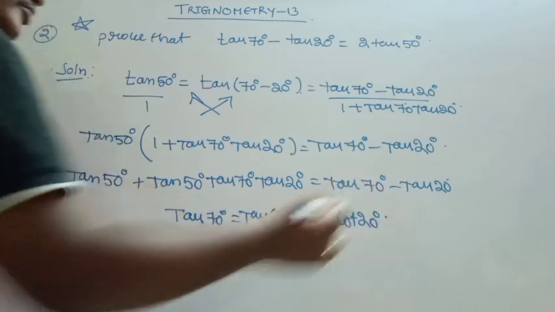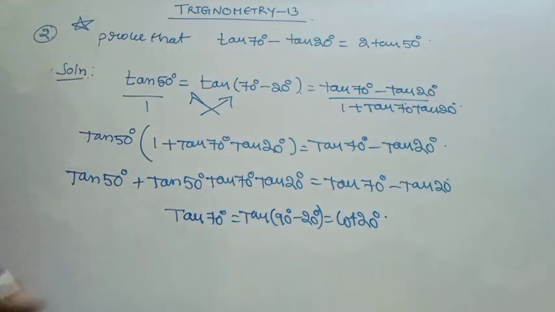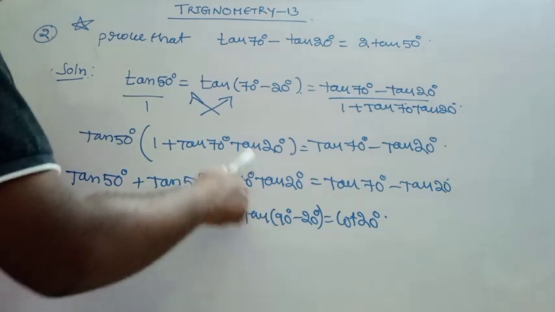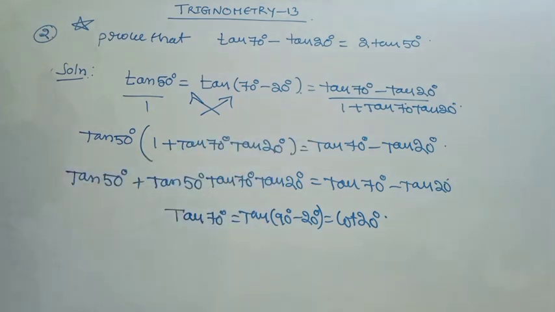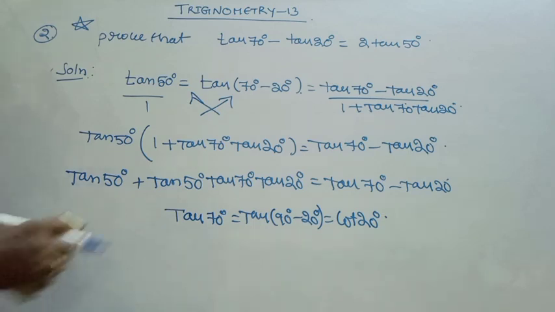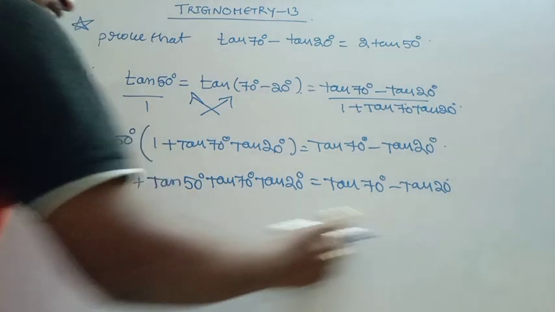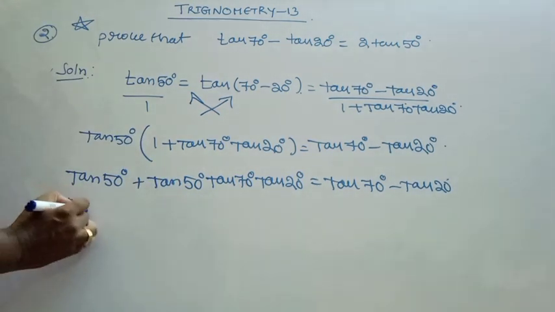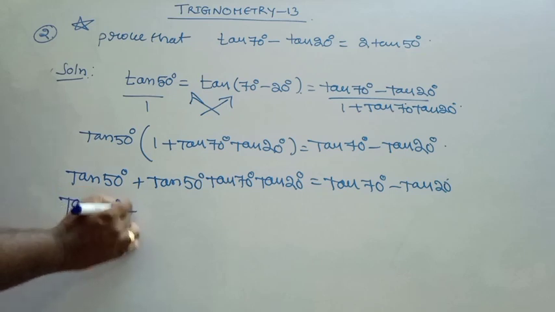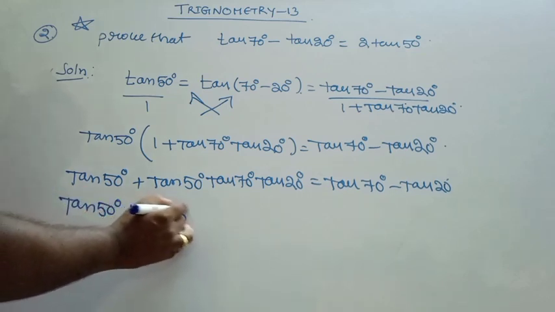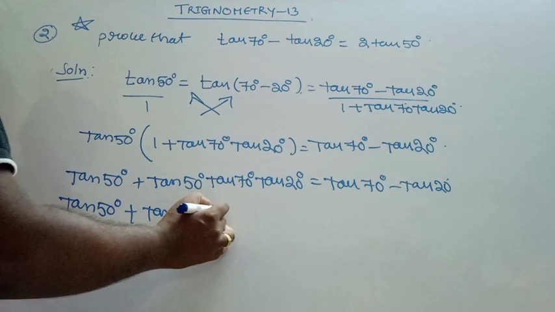This is now cot 20 degrees. Once this is cot 20, in the place of tan 70 degrees we can replace it by cot 20 degrees, right? That's what we do now here. Once this is now tan 50 degrees plus tan 50 degrees, and this is now cot 20 degrees.